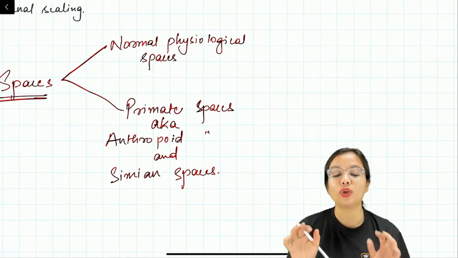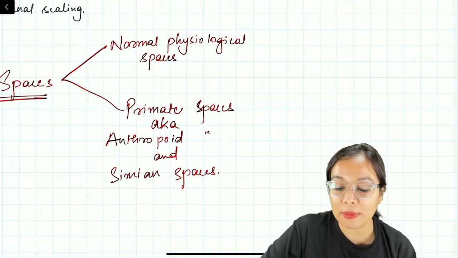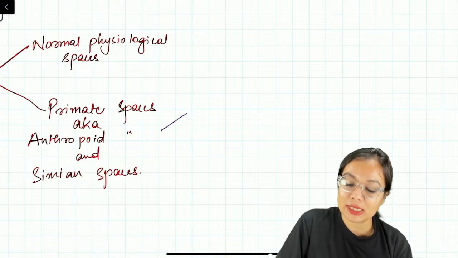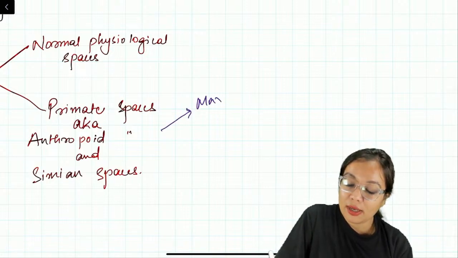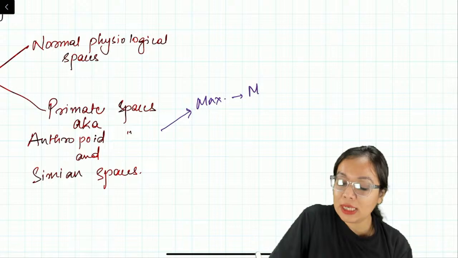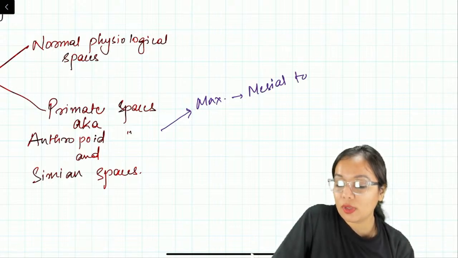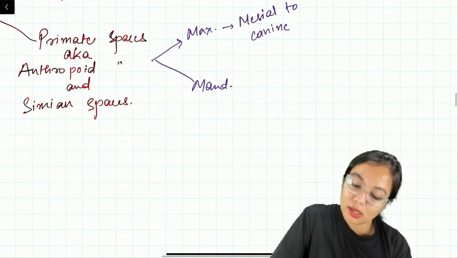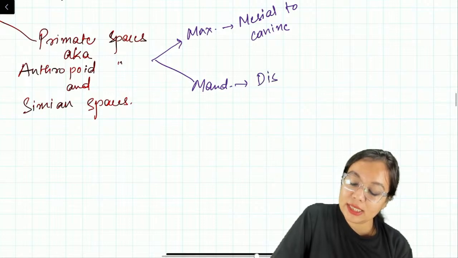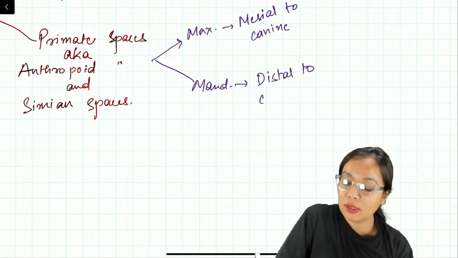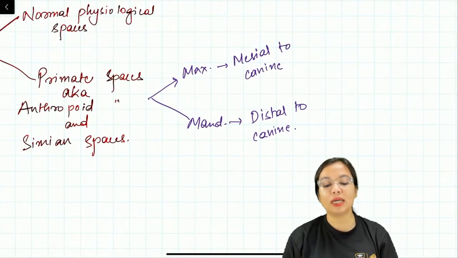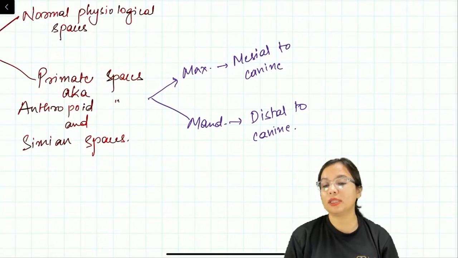As I told you, the normal physiological spaces are present in between all the teeth, but the primate space in the maxilla is present mesial to the primary canine, and in the mandible it is present distal to the primary canine. So here are the primate spaces that are present in the primary teeth.